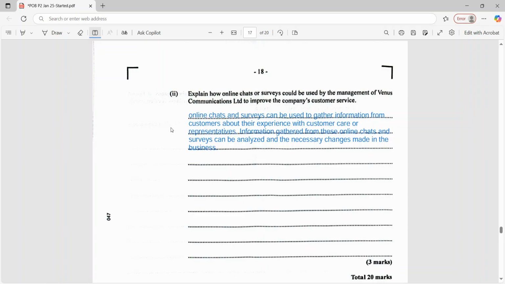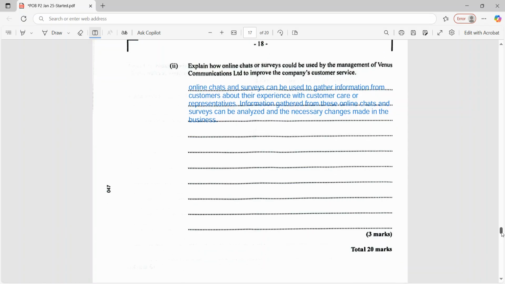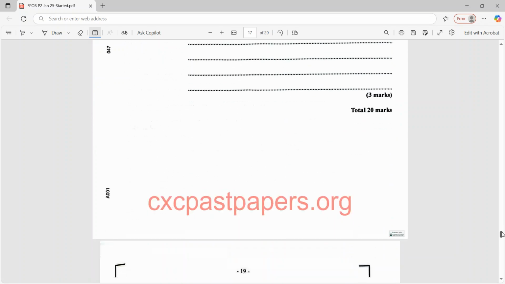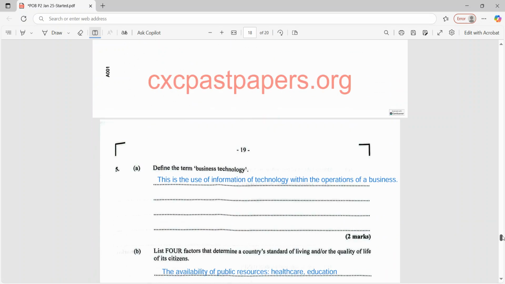When you get that information, you analyze it and then make the necessary changes to your staff, whether it is to train them or if that person needs disciplinary action or anything of that sort. That's what you gather the information for.